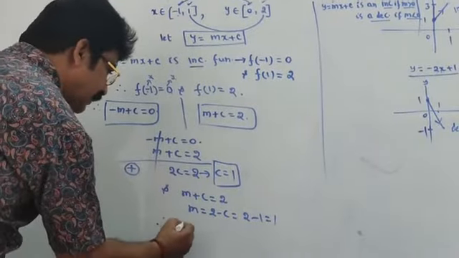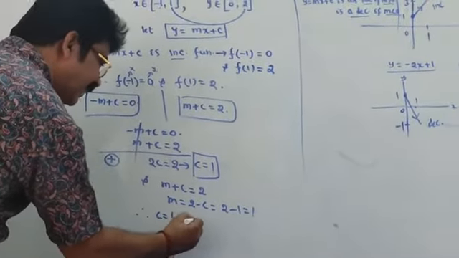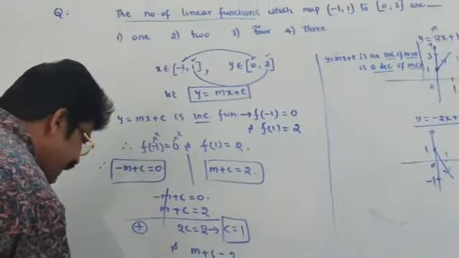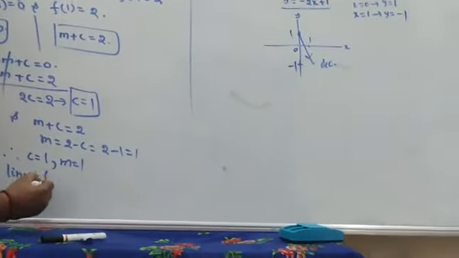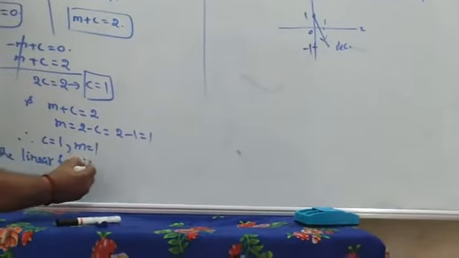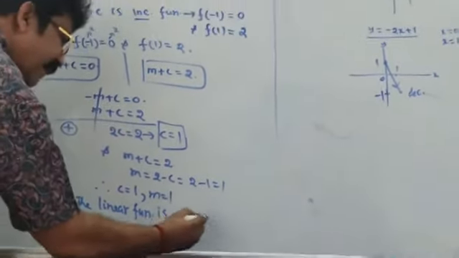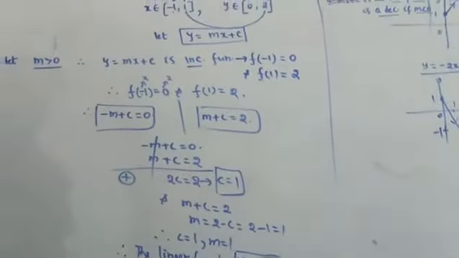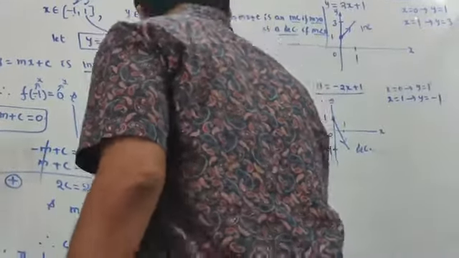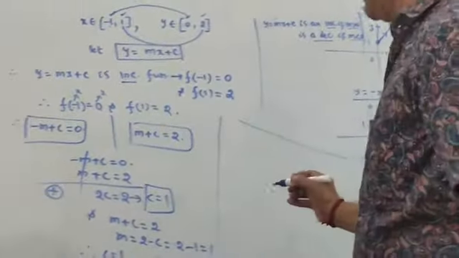So c = 1, m = 1. Then the linear function is y = mx + c, that is y = x + 1. This is one linear function. Next we are raising the second case.